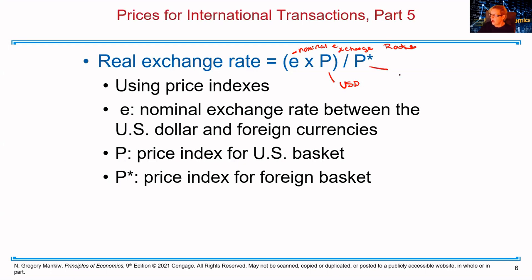And when I say the price, it could be the consumer price index, the CPI. You see the inflation happening here. And then the Japanese consumer price index. Okay, so that's the real exchange rate.